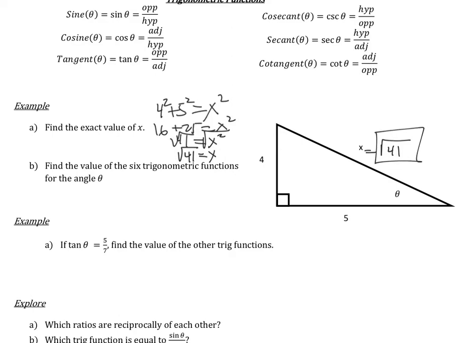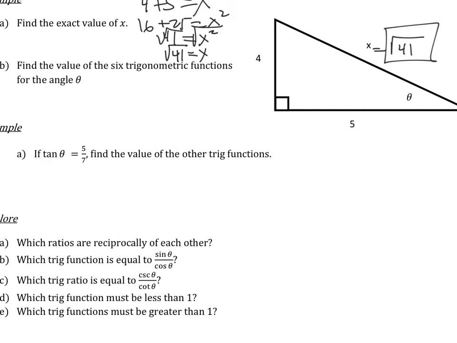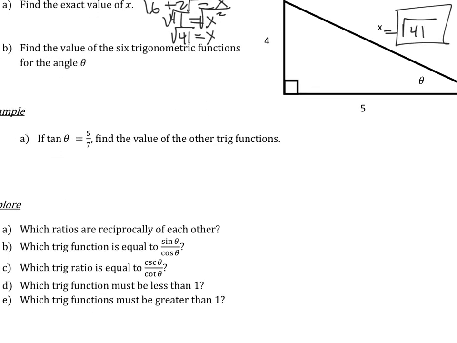We have the sine, cosine, and tangent. Now, again, we don't know how big the angle is, but that's okay, because we know by the definition above that the sine is the opposite over the hypotenuse. And so what's opposite of this angle theta? This is the opposite side, and the length of the opposite side is 4. The hypotenuse is the square root of 41. We're not going to worry about rationalizing the denominator right now.